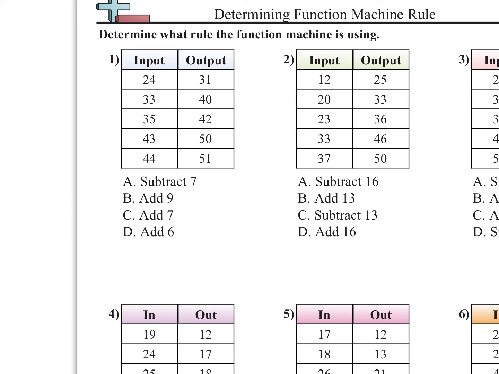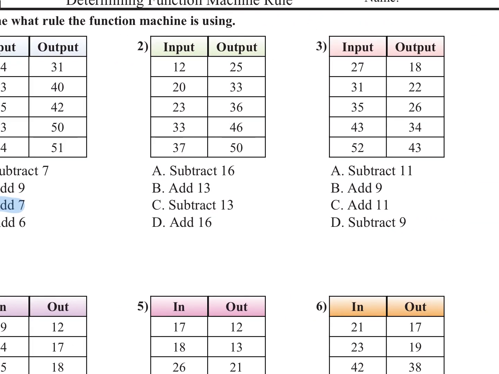From 24 to 30 would be 6, and one more would be 7. My tens partner for 3 is a 7, so again, adding 7 would give us this. Adding 7 would give us this, so it looks like we are constantly just adding 7. All right, we did it.